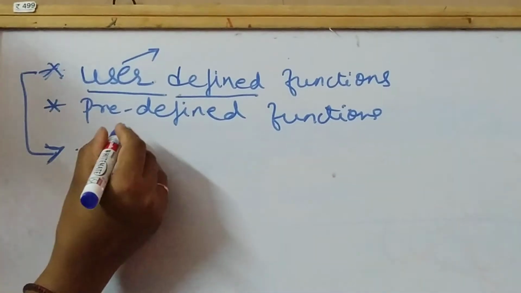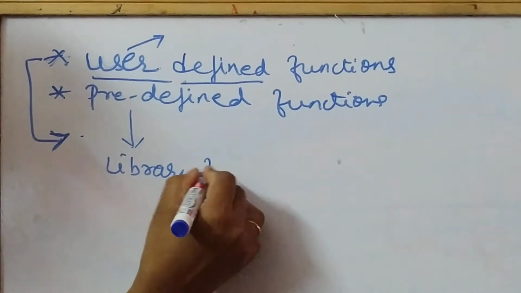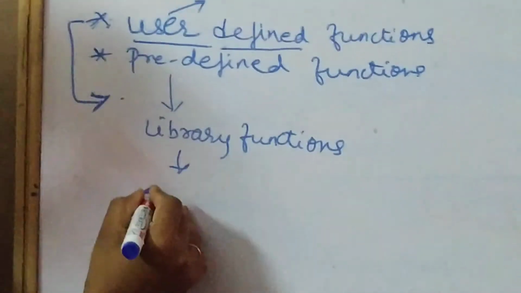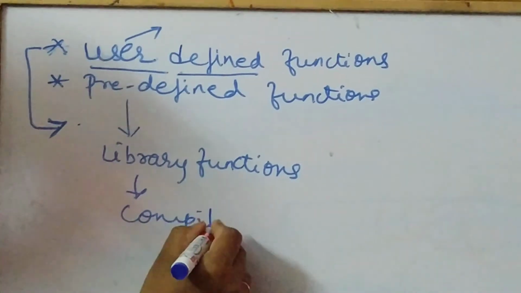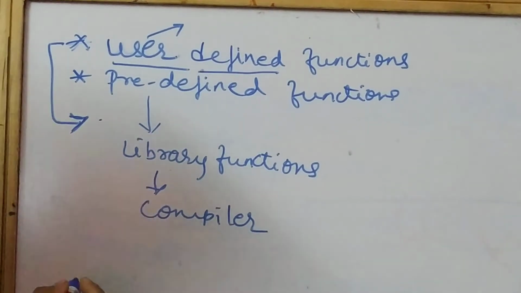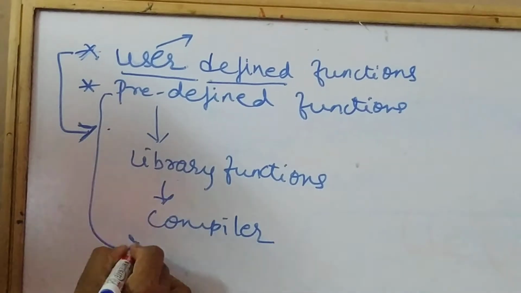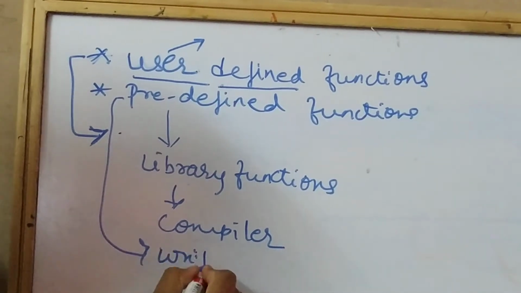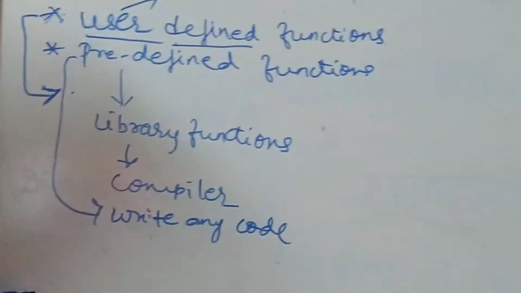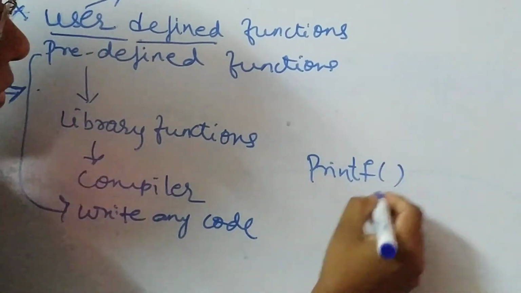And predefined functions are called library functions, already built into the compiler. Here we no need to write any code in these predefined functions. For example, printf, scanf.